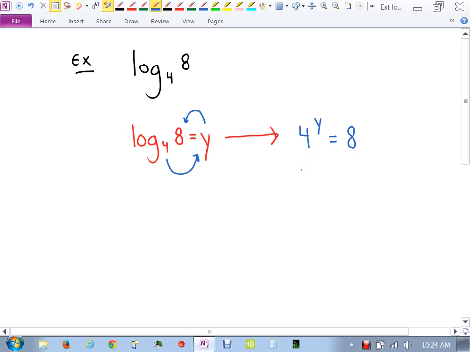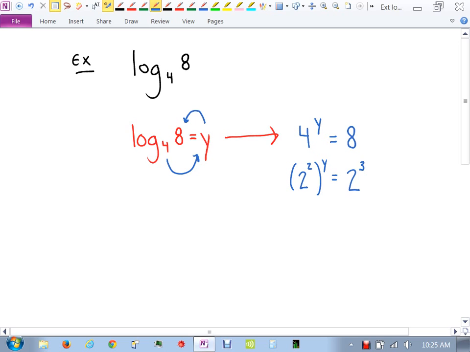Good. So what about the 4 first? 4 is 2 to the 2nd, and then all of that to the y. But then the right side is 2 to the 3rd. Good. See, 8 wasn't a power of 4. 4 wasn't a power of 8, but they're both powers of 2. So we have to try and find what they have in common.